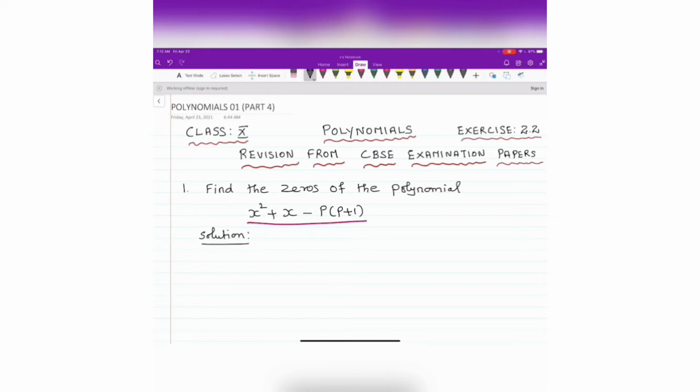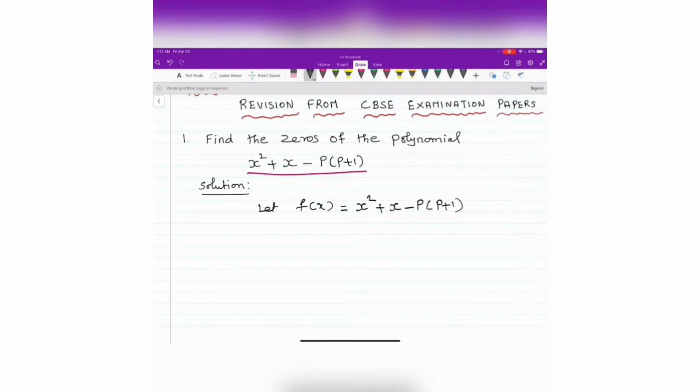Since the polynomial is in x, let f of x be equal to x square plus x minus p into p plus 1. Normally, we factorize the given quadratic polynomial by splitting the middle term. If you look at this particular polynomial, it is not possible to split the middle term.